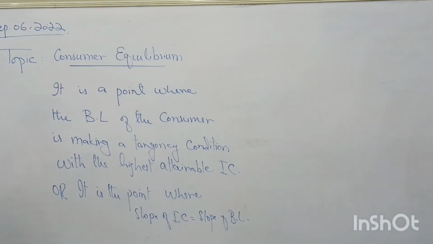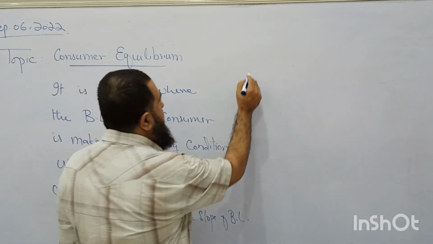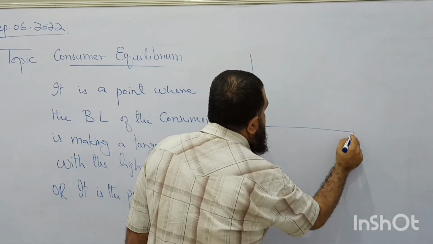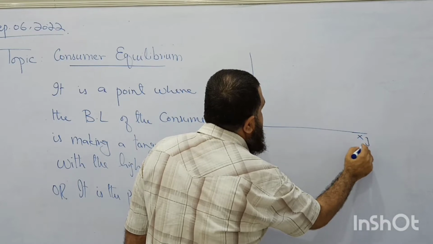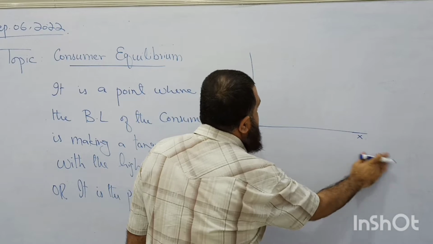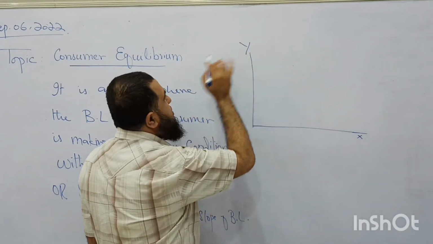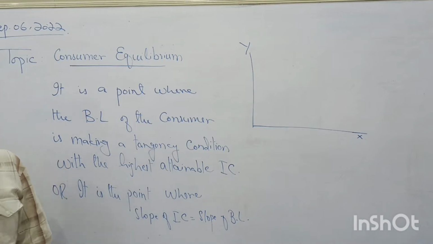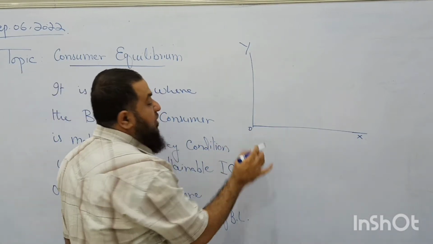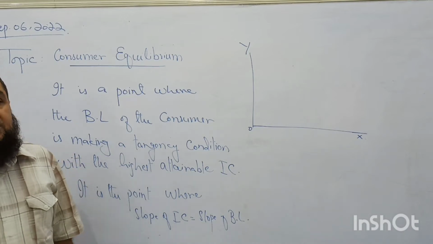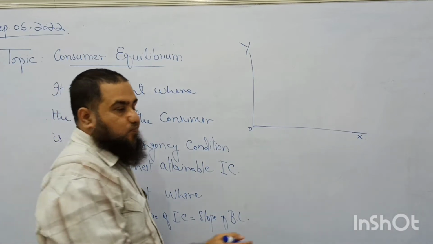Now I am going to draw the consumer equilibrium point. This is the X-axis, where we are taking the quantity of good X, and the quantity of Y. The two goods are taken on the axes. This is the origin point. Now I am going to draw the budget line and indifference curve in one diagram.